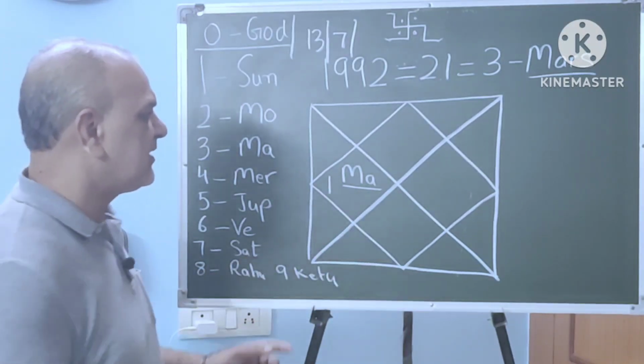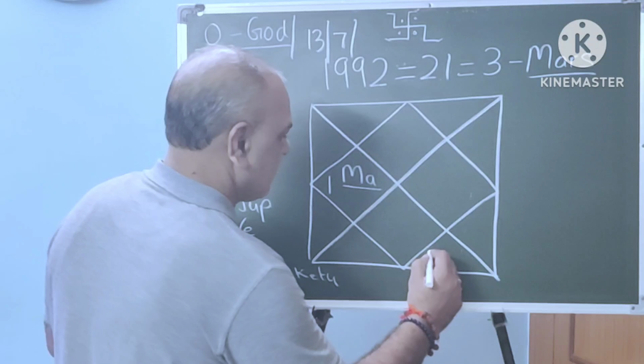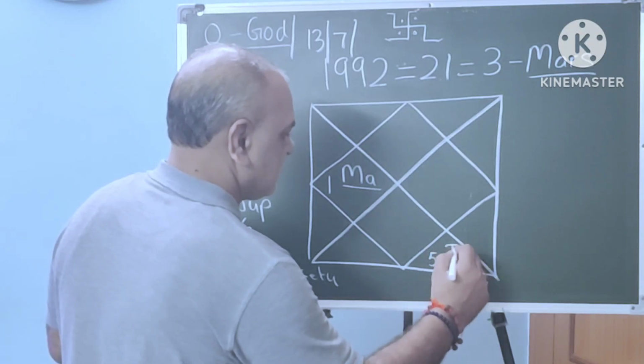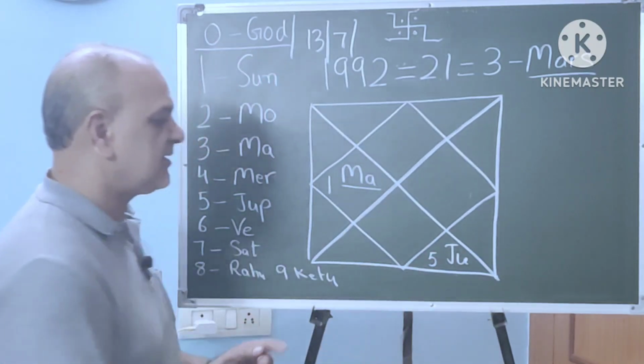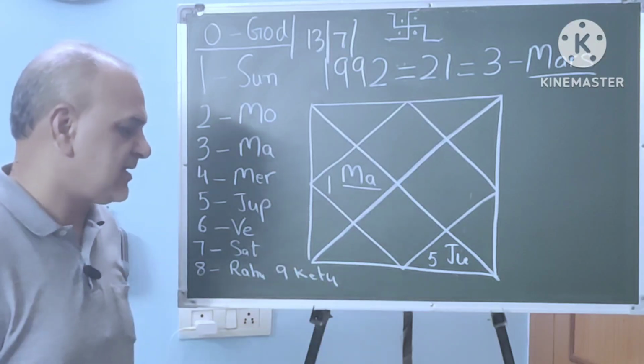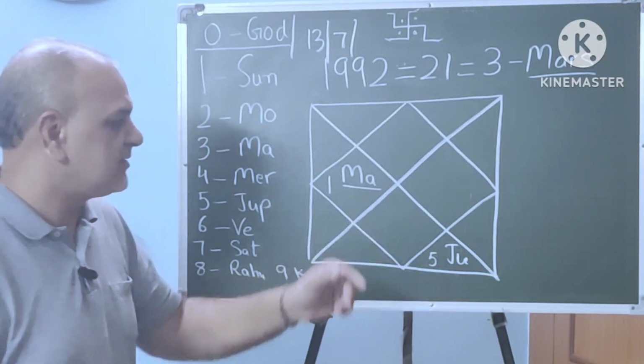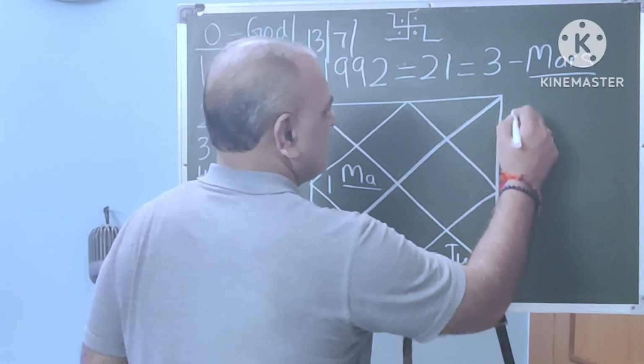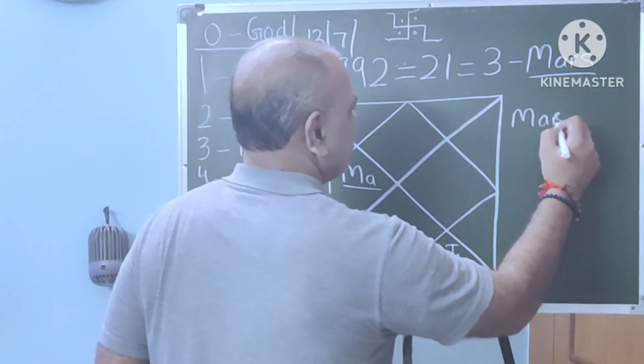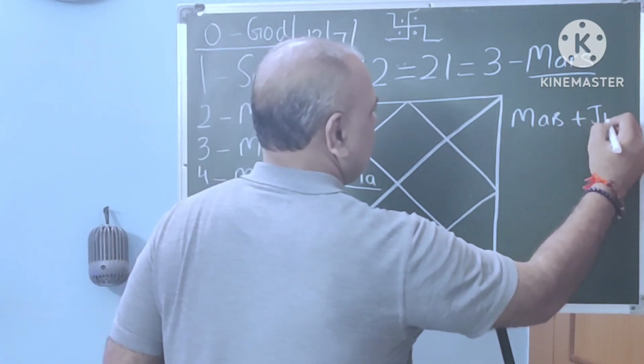For example, his Jupiter is in number 5 sign, in Leo. So we will write this as Mars plus Jupiter.